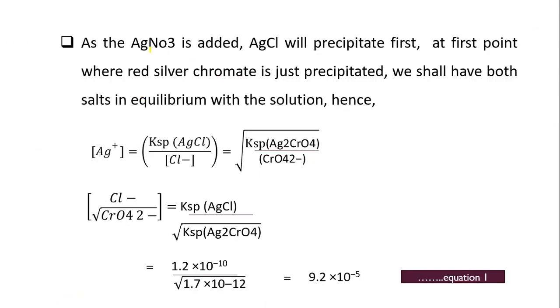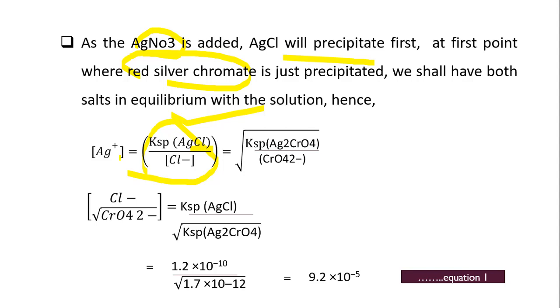Now see what happened here. As we are adding the silver nitrate, there will be precipitation of silver chloride. At the first point, the red silver chromate is just precipitated. We shall have both salts in equilibrium in solution, so we can write the Ksp of AgCl.